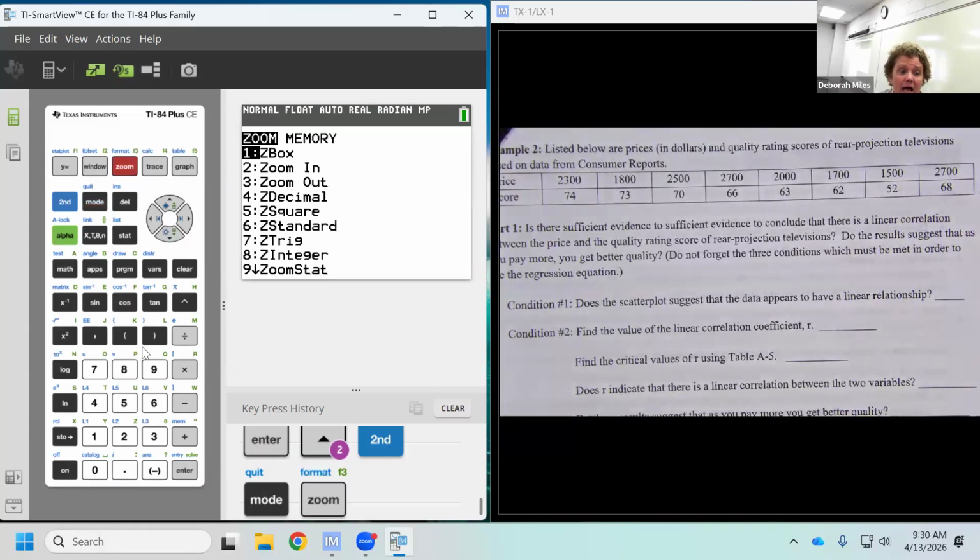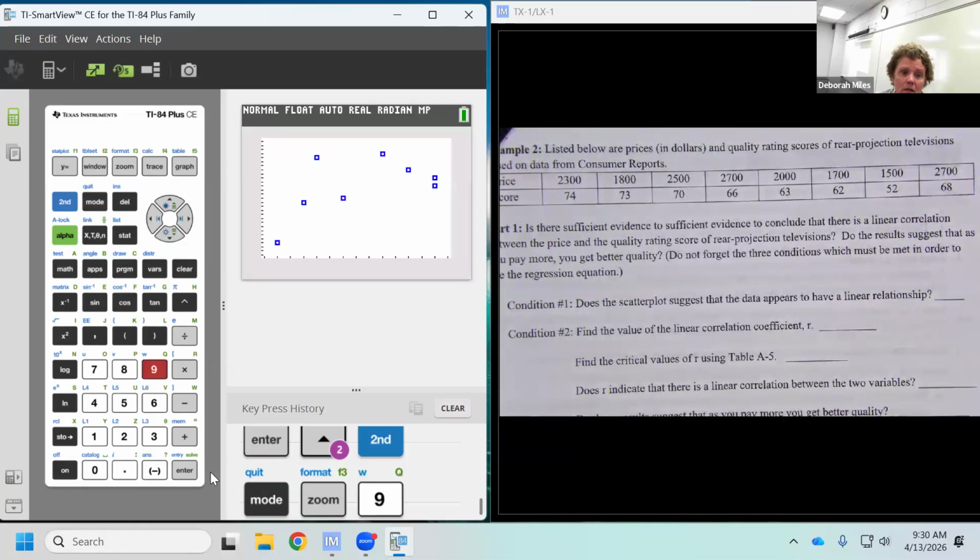Zoom and then 9. Would you say the scatter plot makes you think there's a linear relationship? I mean, there's those 3 points that look like it, but the rest of them are too far.